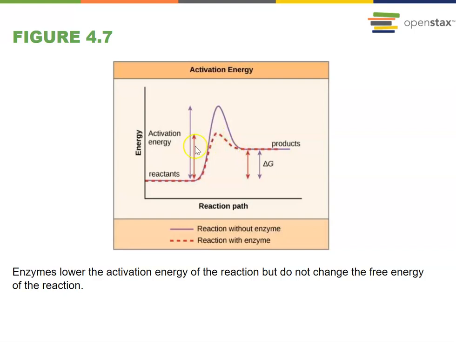But when you add an enzyme into the system, it's this red line. You have to put in much less energy to go from your reactants to your products, or let's say to go from glucose to pyruvate, or whatever it happens to be. So enzymes lower the activation energy of a chemical reaction.